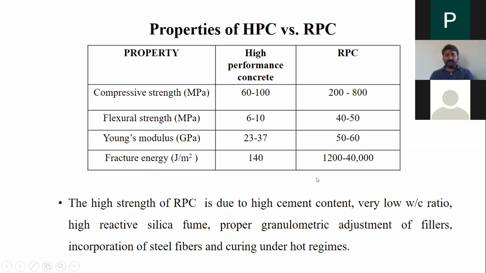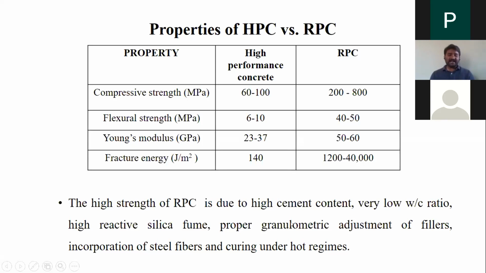As you might be wondering, the cost of reactive powder concrete will be at least 3 times that of high performance concrete. If your high performance concrete production cost is nearly 4,000 to 5,000 rupees for 1 meter cube of concrete, outside they may charge you around 4,000 to 5,000 rupees. For reactive powder concrete, it may vary from 15 to 20,000 depending upon the need of your construction. So it is at least 3 times costlier than normal concrete or high performance concrete. Why is it costly?